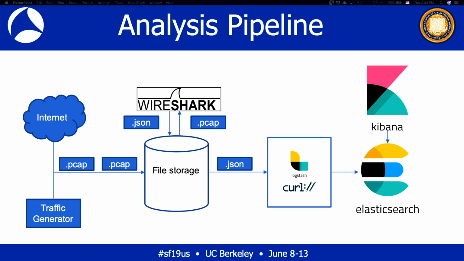We have a traffic generator, and maybe internet traffic. The pcaps that come from these two sources, we will keep in storage, and then we will do some tshark operations. So we will push the data into Elasticsearch and visualize it back in Kibana.